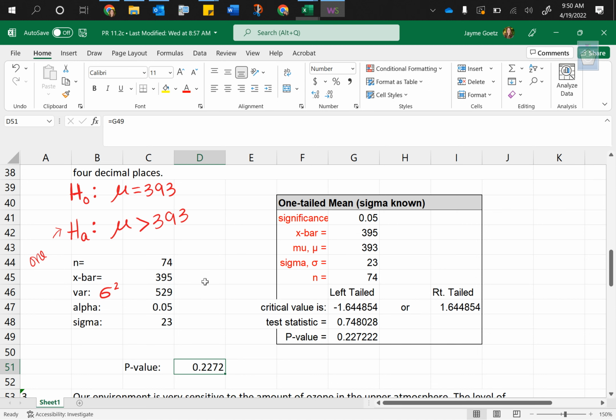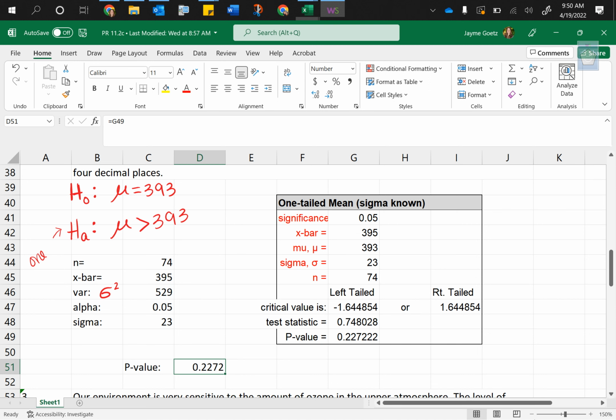Now, can you guys tell me if my p-value is 0.2272, is p low or is p high? P is high.